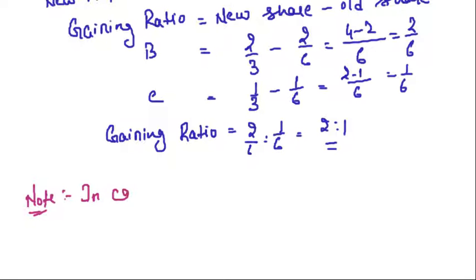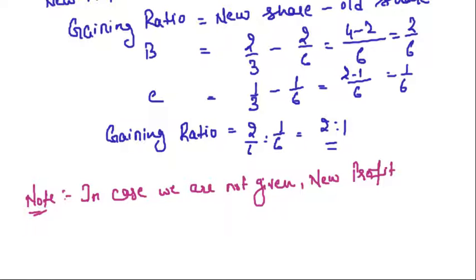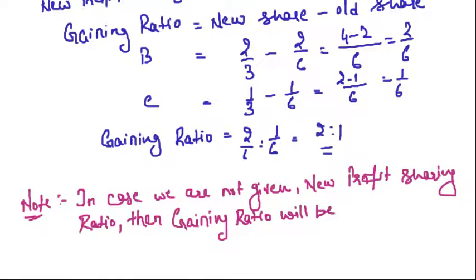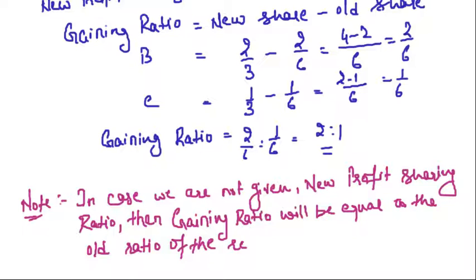In case we are not given the new profit sharing ratio, then our gaining ratio will be equal to the old ratio of the remaining partners.